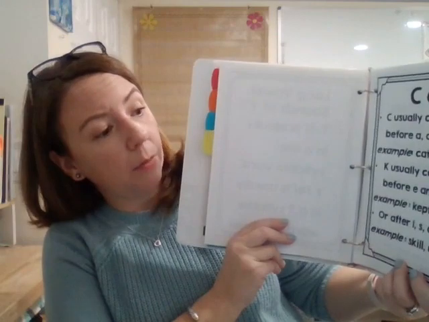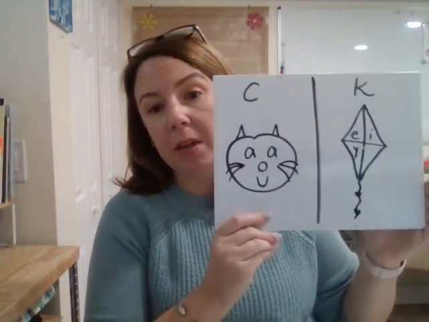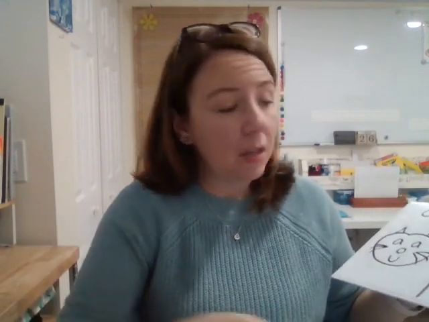You can notice I have a tab called Spelling Generalizations on that binder, so that they can be referencing back to it. So that whenever they're encountering a situation where they have to decide, is it C or is it K? They can refer back either to that poster, or if you have this displayed, maybe on the wall, or even in little sticky notes in their little binders, then they can be looking back and referring to it.